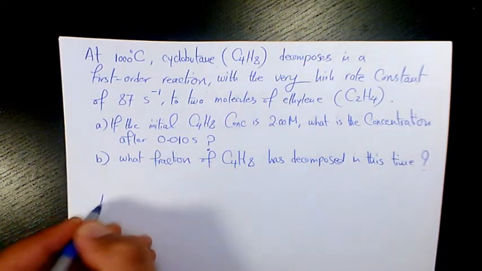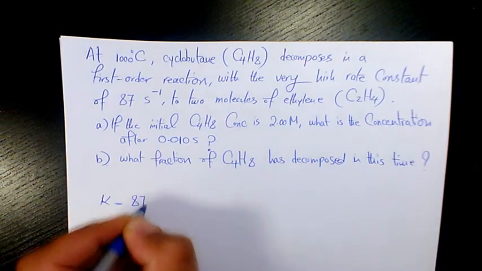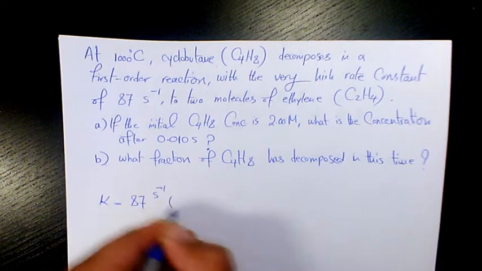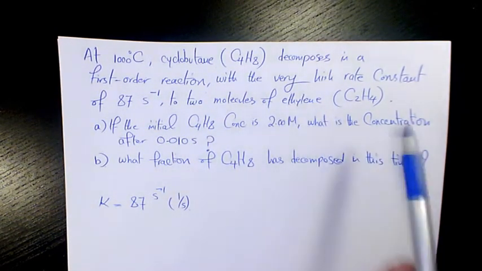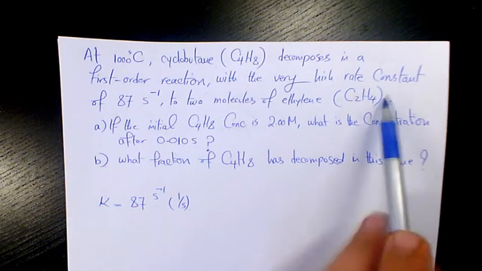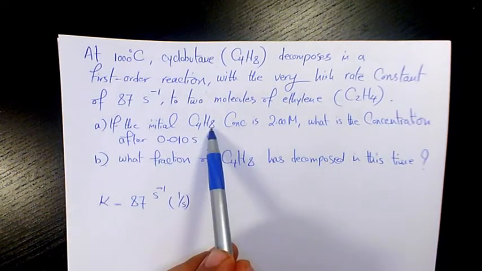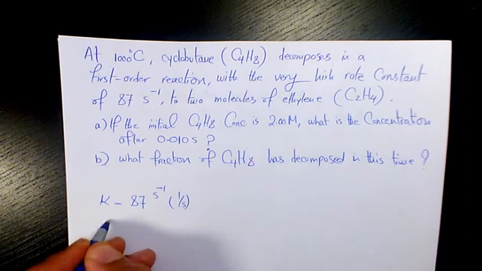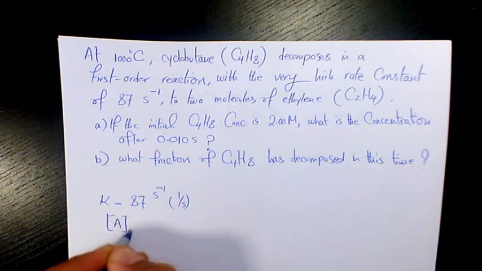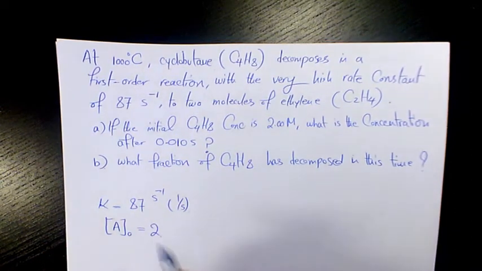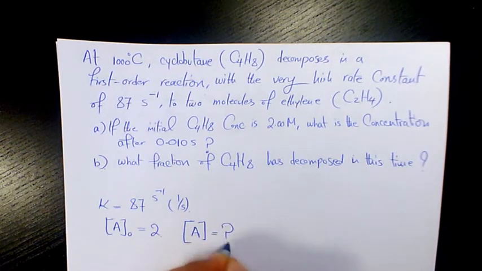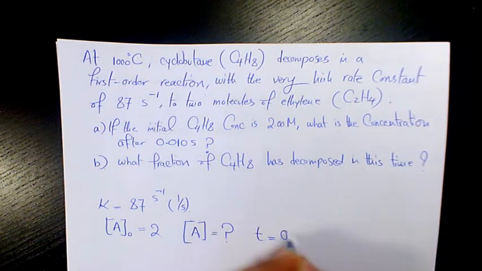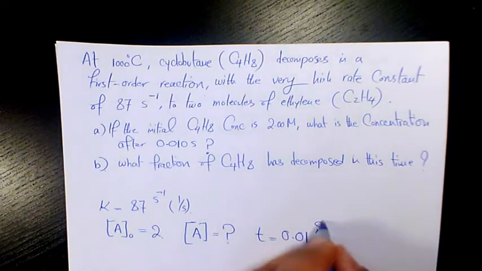So K is 87 per second, or you can write it as 1 over second, to 2 molecules of ethylene C2H4. If the initial cyclobutane concentration is 2 molar, which means that initial concentration is 2, what is the concentration after 0.01 seconds?